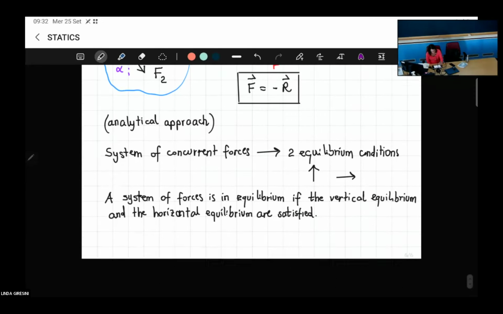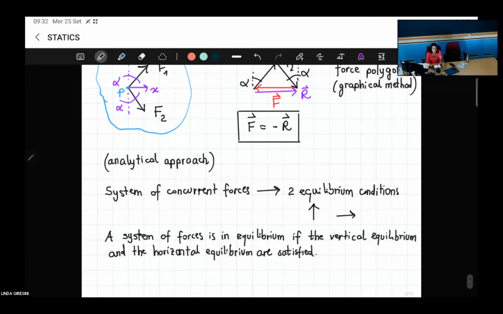So basically we need to write down two equations, one in horizontal direction and the other one in vertical direction. Okay?